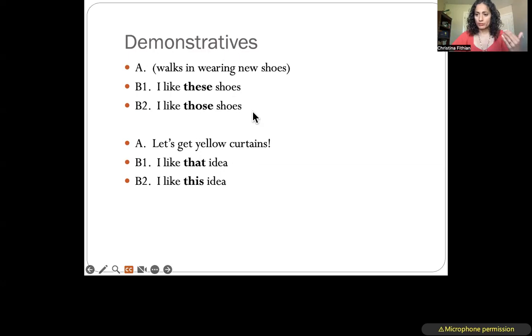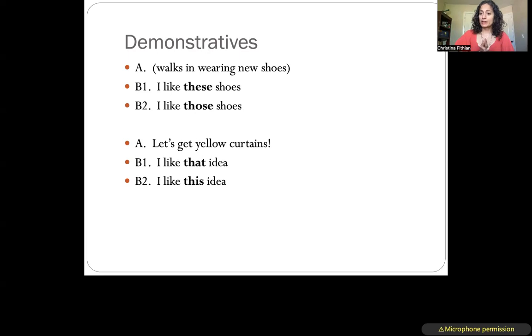Okay, so let's go back to the first example. Person A walks in wearing new shoes. Now, person B is most likely going to say, hey, I like those shoes. Why? Well, think about demonstratives as control.